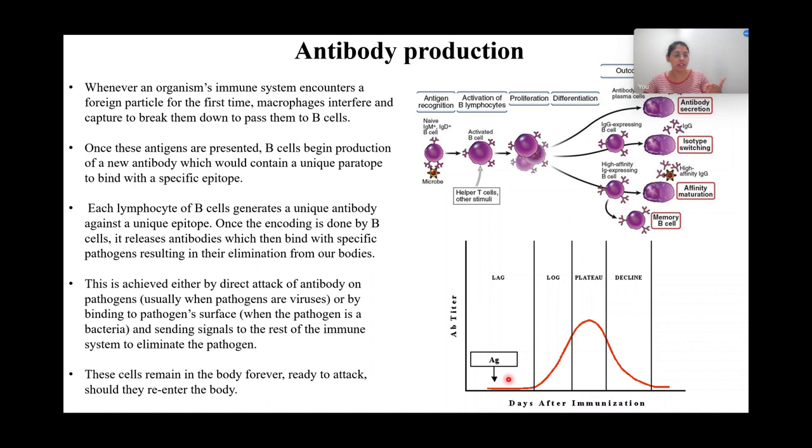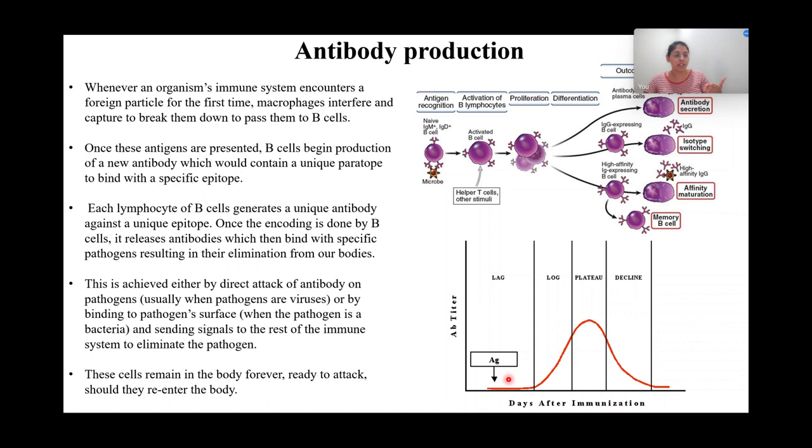So here, like I've mentioned, whenever an organism's immune system encounters a foreign particle for the first time, macrophages are the first ones to go and interfere. They capture and break them down, and then they pass it on to B cells. All this is happening while the lag period is going on. Once the antigens are presented to the B cells, they will start the production of new antibody by epitope and paratope interaction.